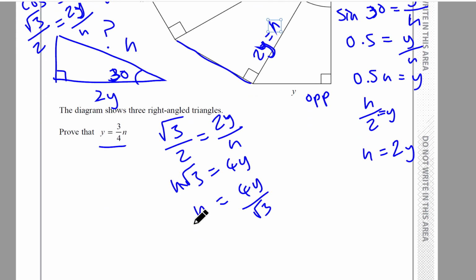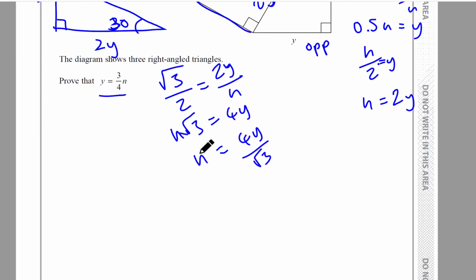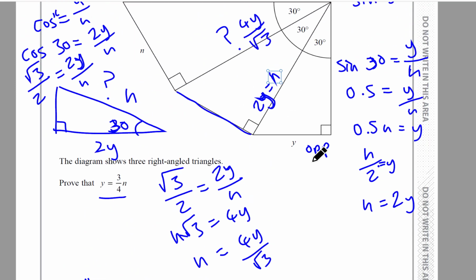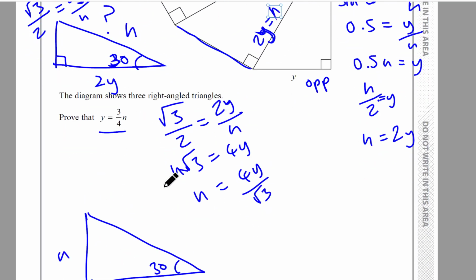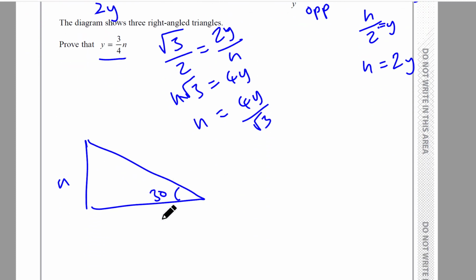So our final triangle is this one here at the top. We've got 30, this is n, and we now know that this base is 4y over root 3. I'm trying to work out what n is. So what have we got here?